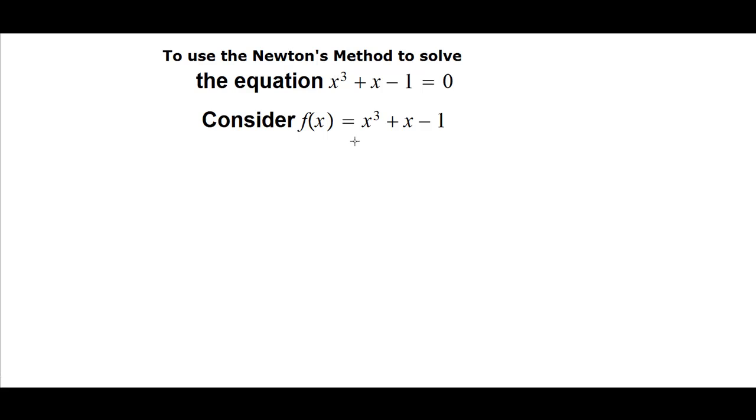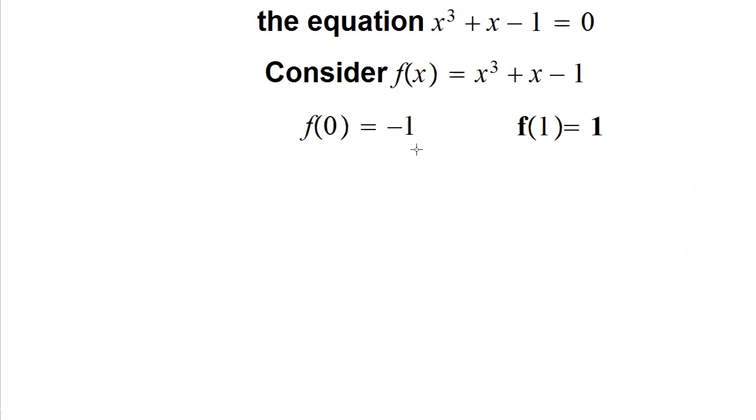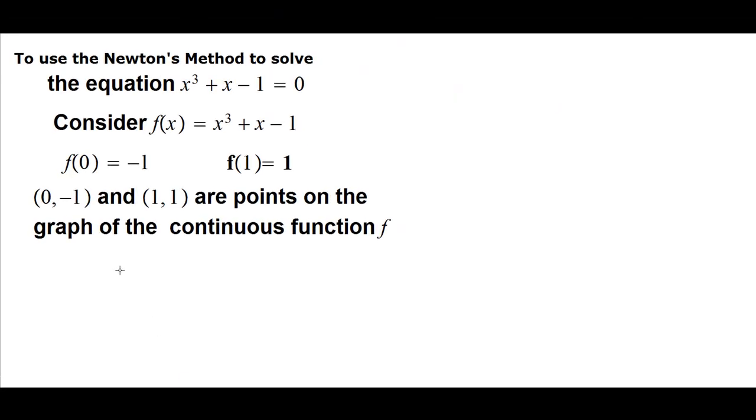We just noted that the value of the function at 0 is -1 and at 1 it is +1. So what happens then? We know that (0, -1) and (1, 1) are points on the graph of this continuous function f.